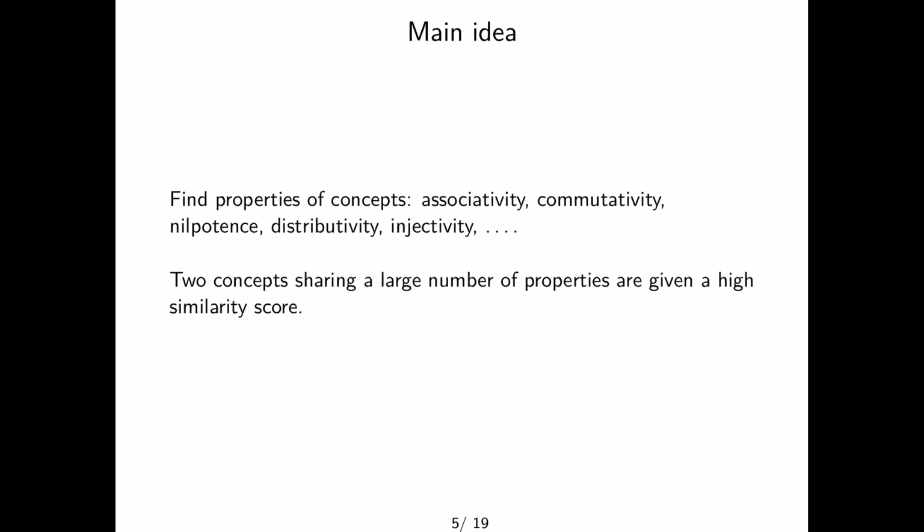The first step is to find properties, let's say, such as associativity, commutativity, nilpotence, etc. And the second step is to measure the overlap between the properties of one constant or one concept and the properties of another concept. So if they share a lot of properties in common, they probably are similar. And this is all statistical, so we give a score on how similar they are.